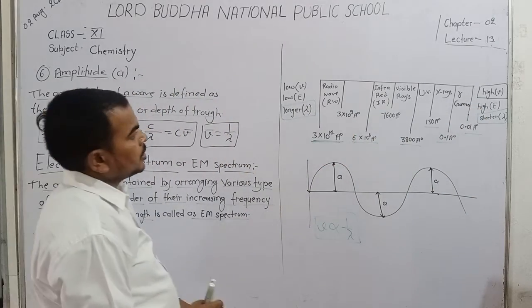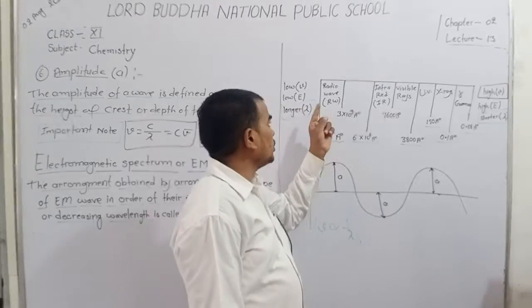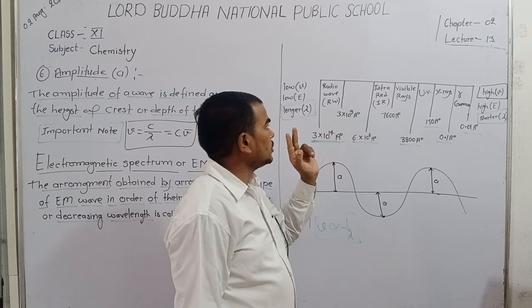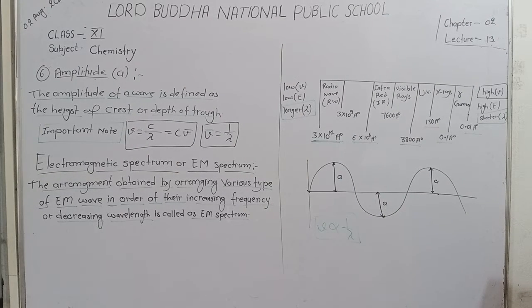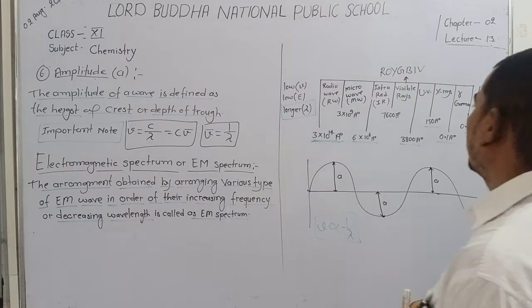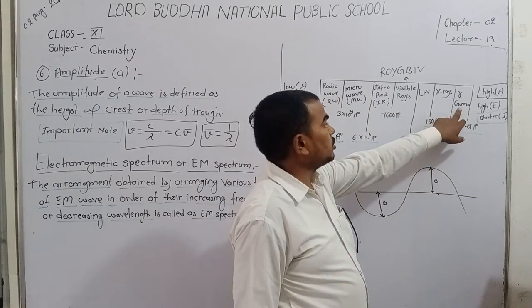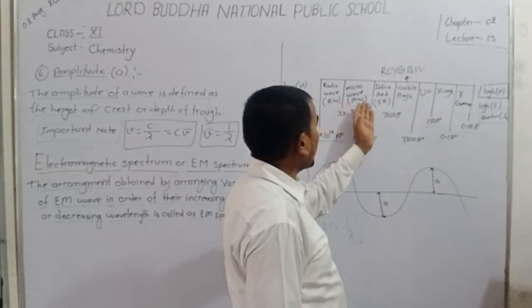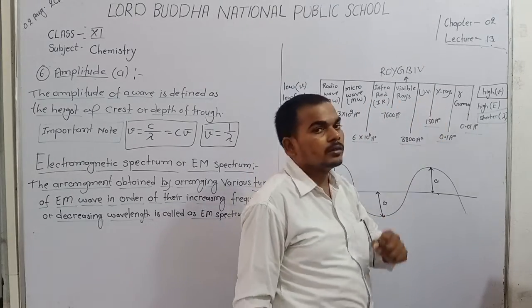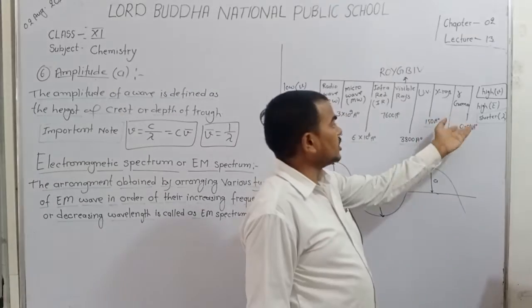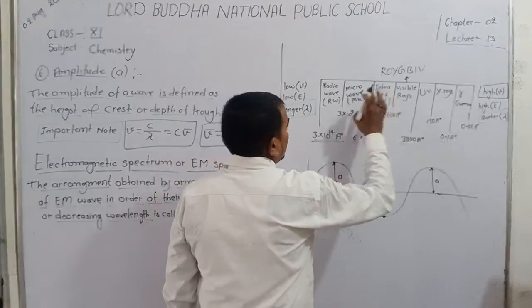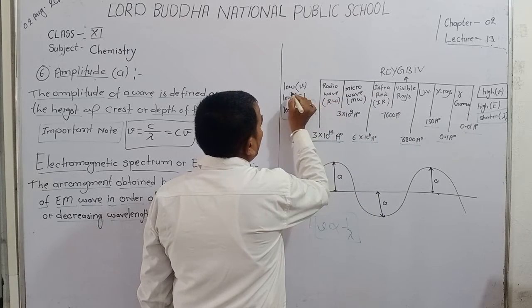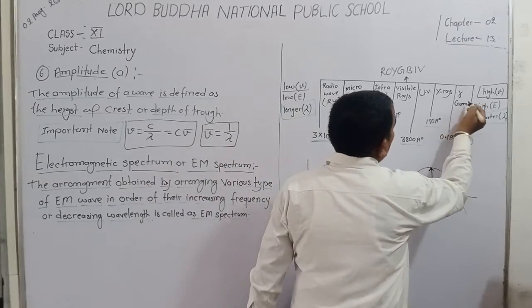Gamma has the maximum frequency as compared to radio wave, microwave, infrared, visible light, ultraviolet, etc. But gamma has less wavelength as compared to these. So in this spectrum, radio wave has low frequency and gamma wave has high frequency.